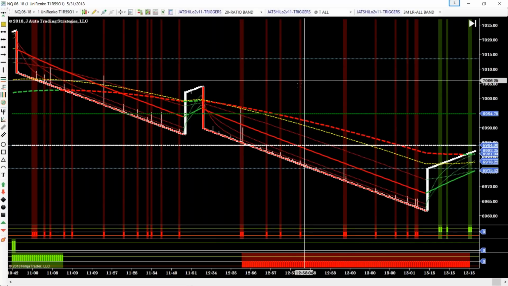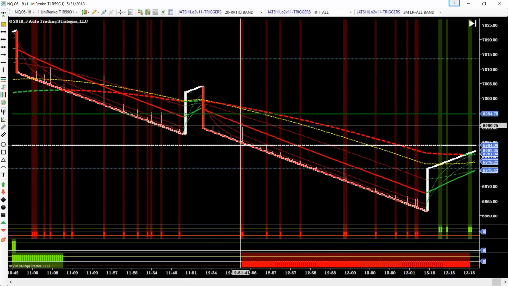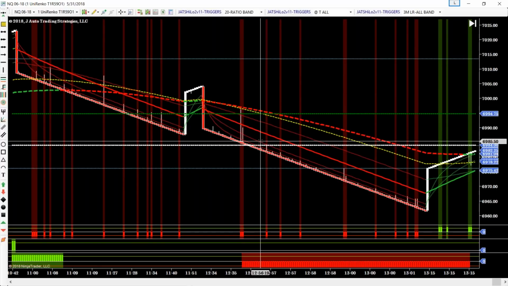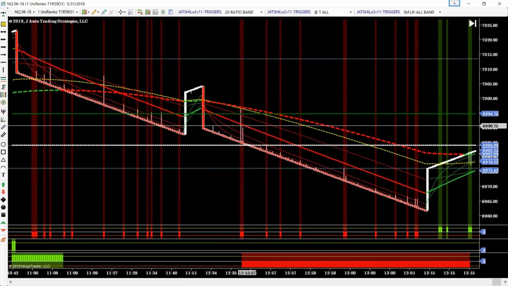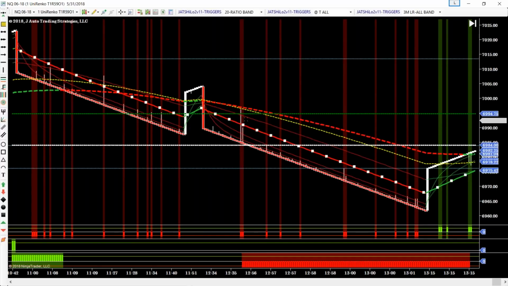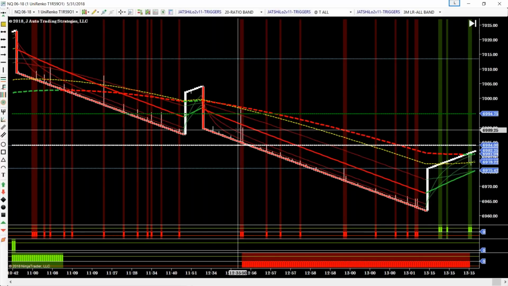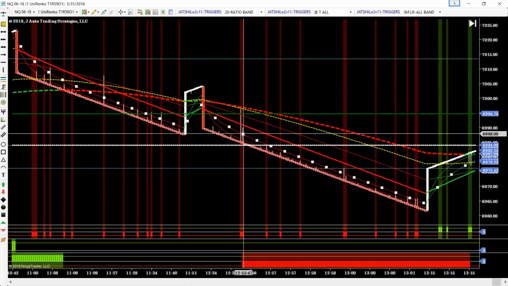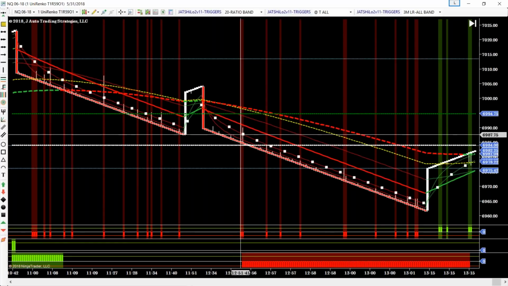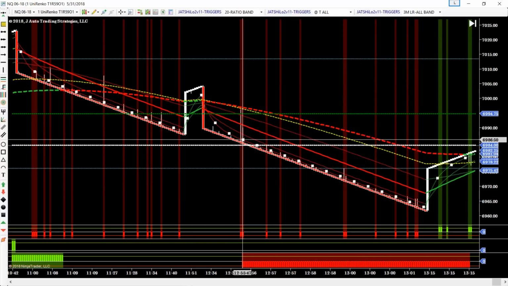And the BloodHound template I set up allows it to scale in one at a time. As it hits the level, it crosses above it and then crosses below it, and will enter one contract. When it gets to the next level, it will enter the second contract. When it gets to the third level, it would enter the third contract.